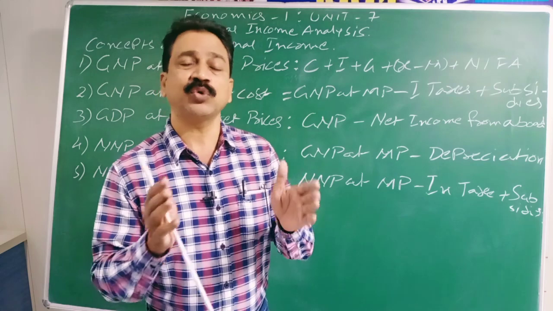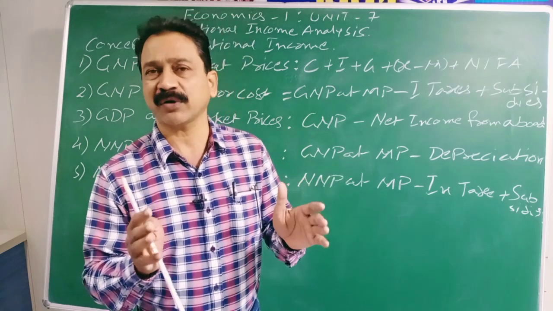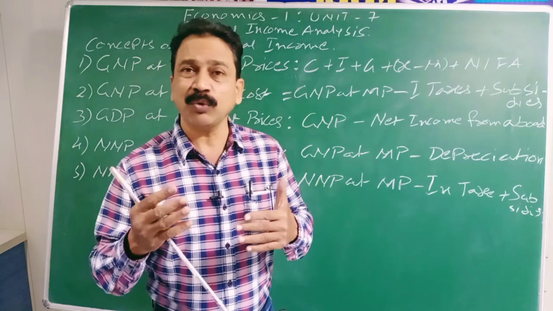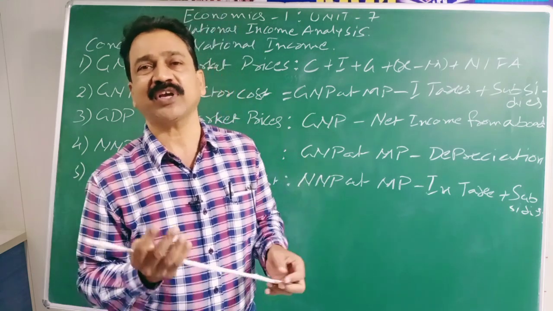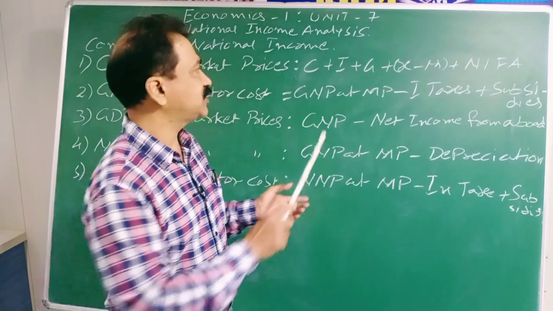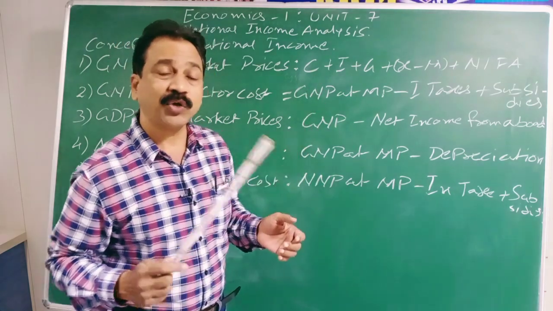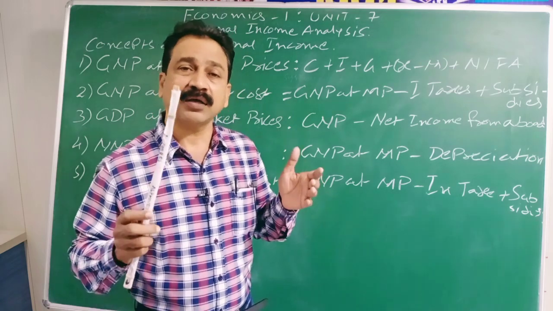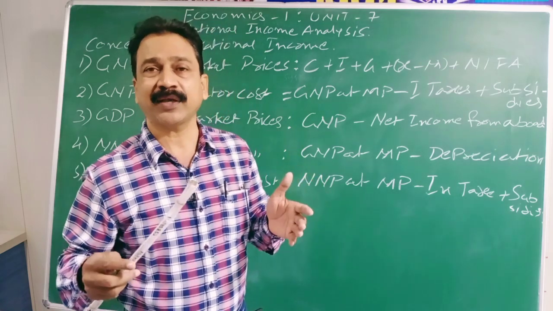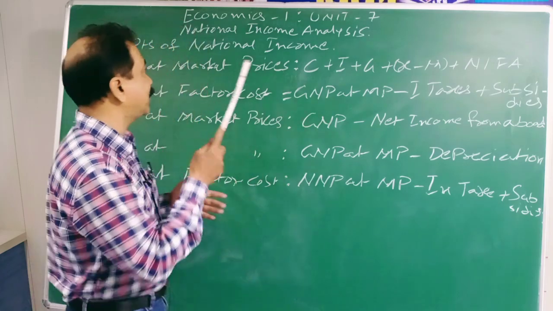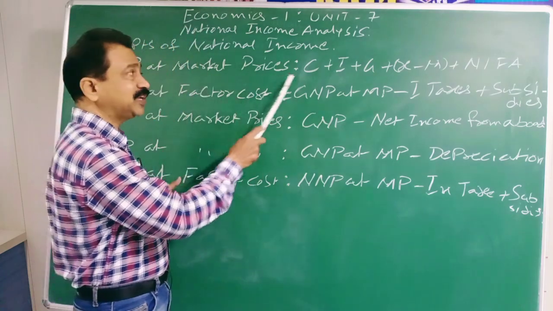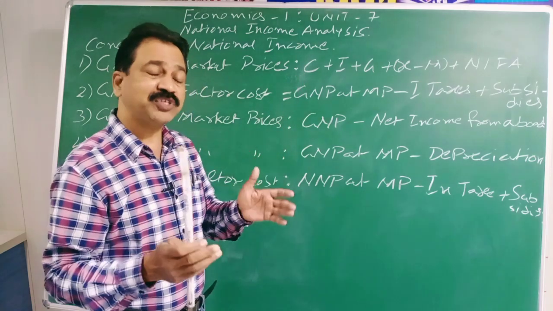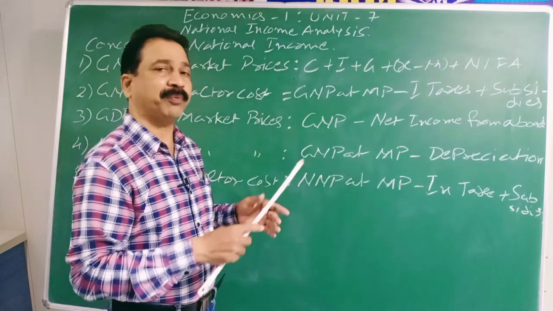Whatever goods and services are consumed by the total population of the country comes under C. We need to calculate the total goods and services consumed by the public, multiplied by the market prices. That is C. C means all the production which is consumed by the country's people.